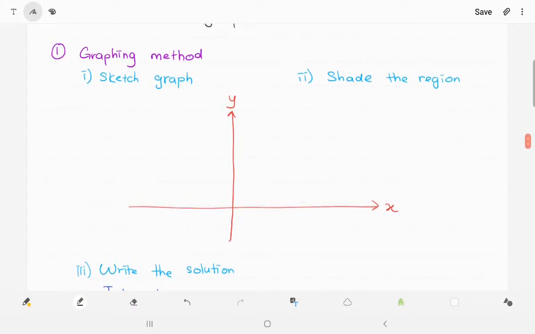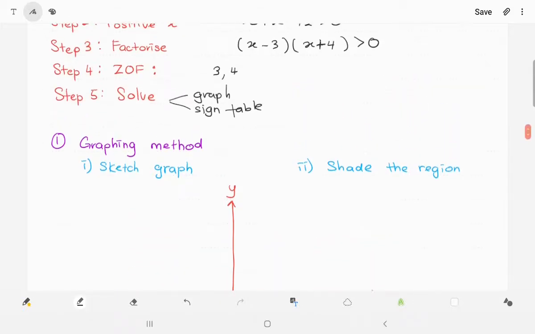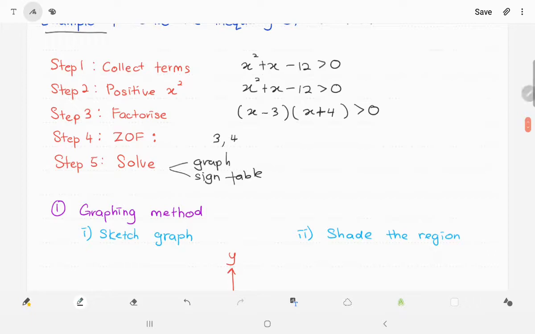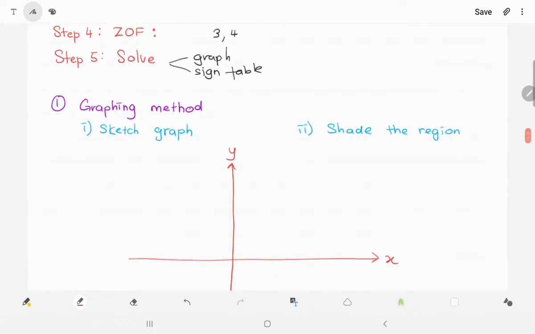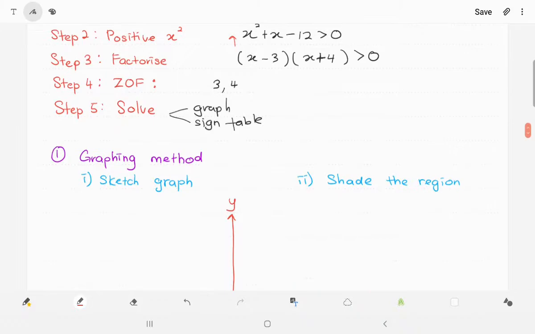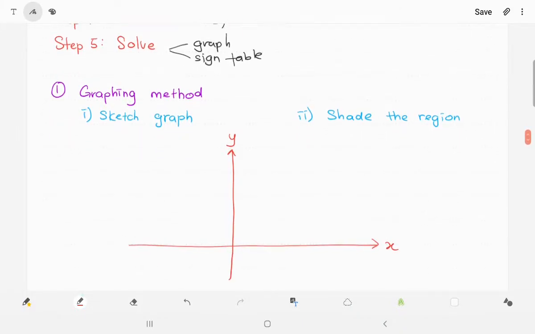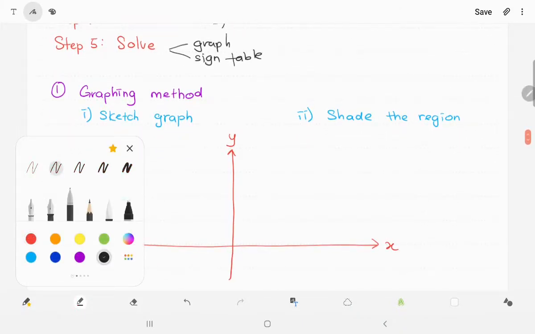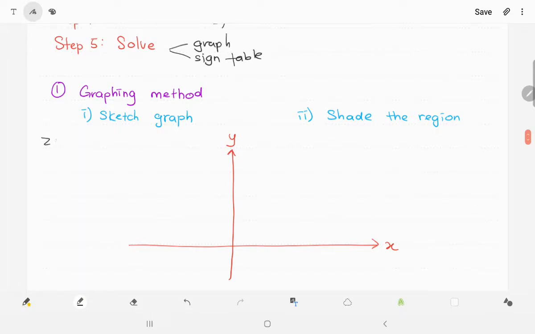Same thing as before. If you want to draw a quadratic, you need to know the sign of x squared. Here we already took it positive. Positive means smile shape. Then we need to know our ZOF. Our ZOF is 3 and negative 4.